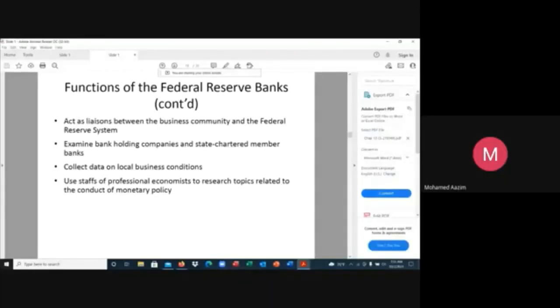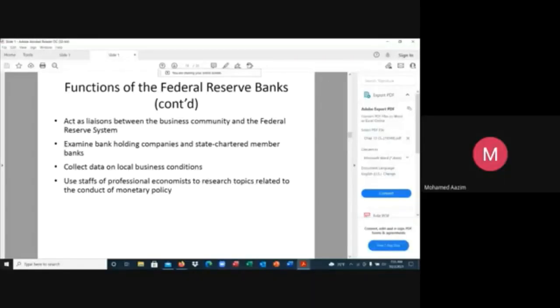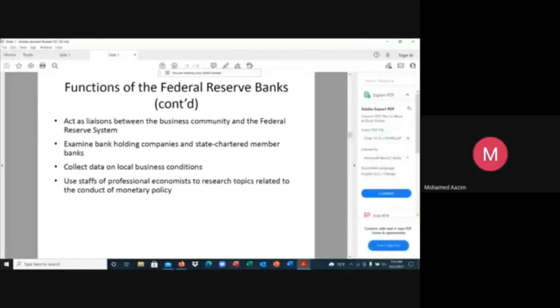So their operations are very much limited to that region. In the case of the US, there are books being examined, there are holding companies being examined, because ultimately the financial intermediaries' health is very important in terms of weaving all these aspects into the equation.